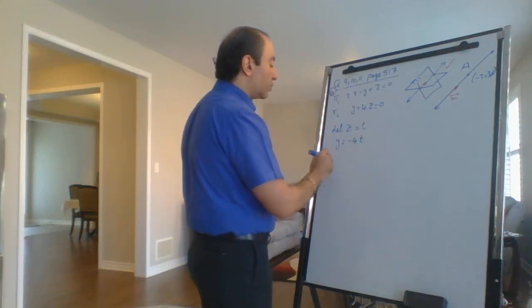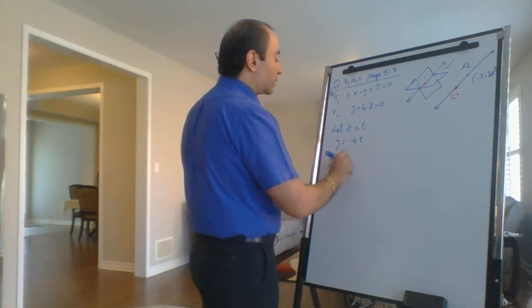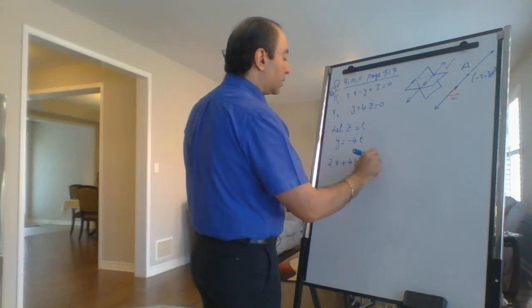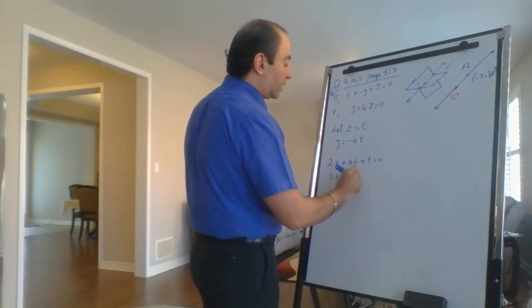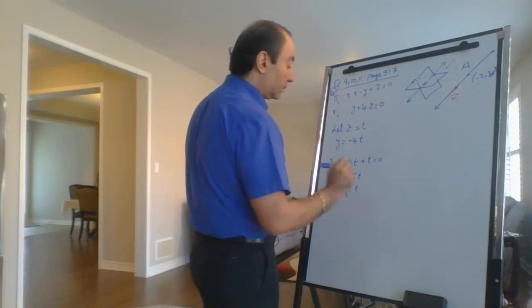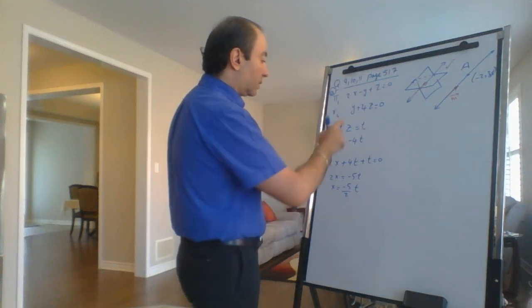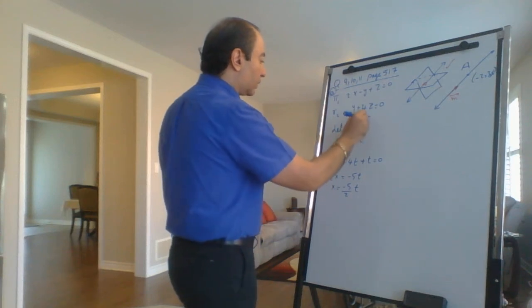Okay, now I substitute in the first equation. So 2x plus 4t, because y is negative 4t, plus t equals 0. So 2x equal negative 5t. So x equal negative 5 over 2 t. Now I have the equation of the line. I have the parametric equation of the line.